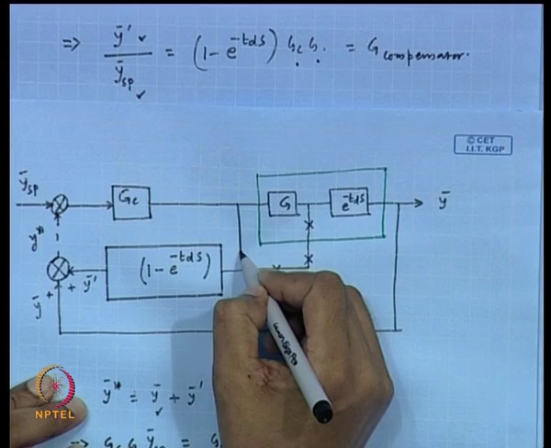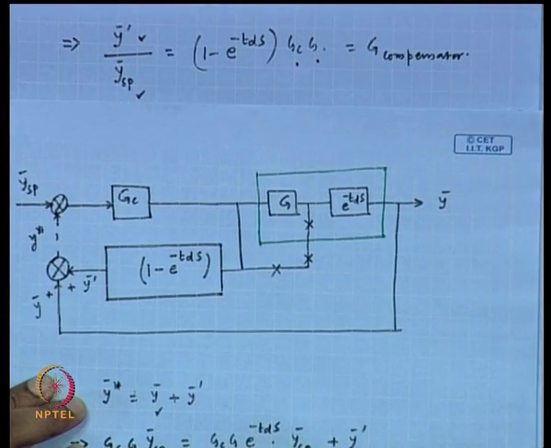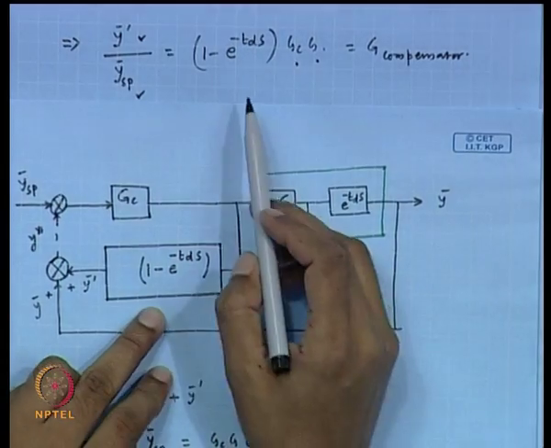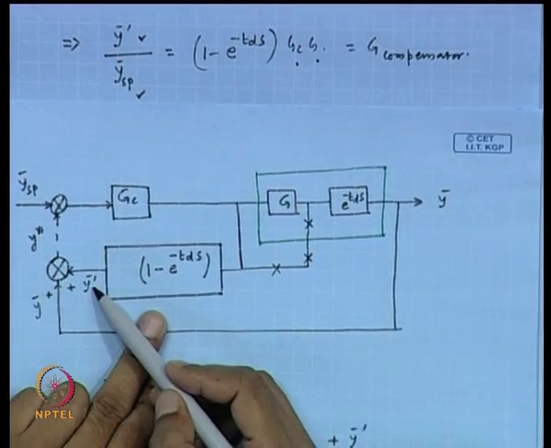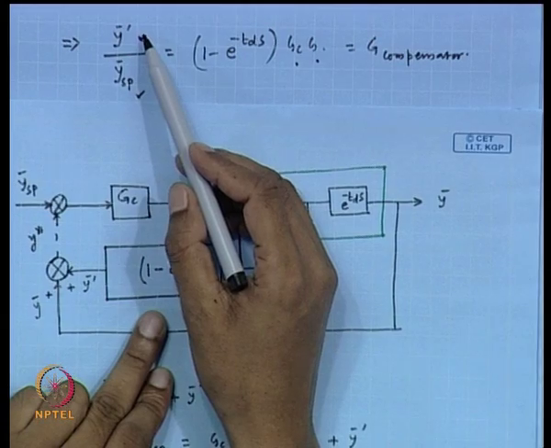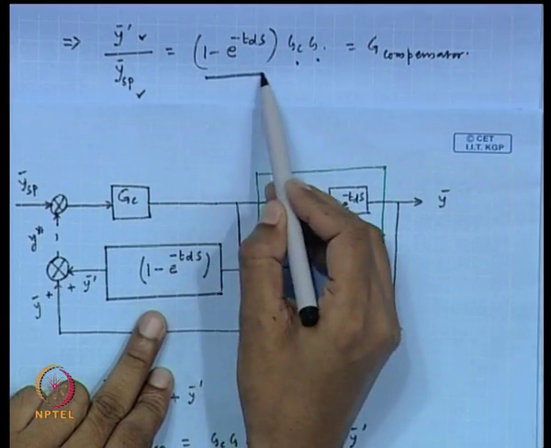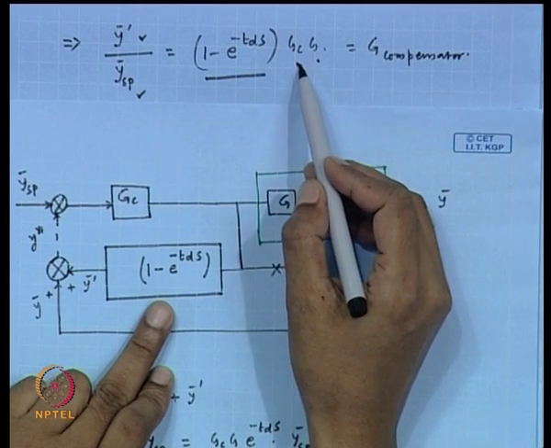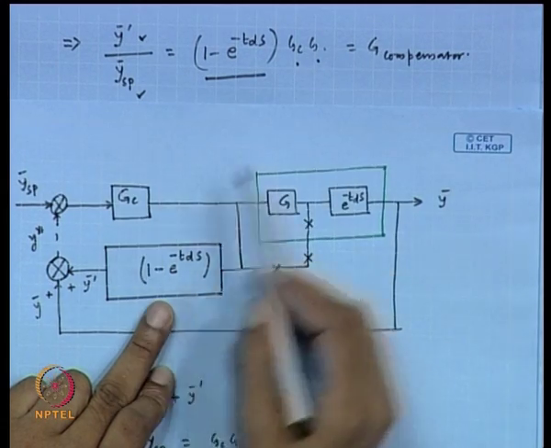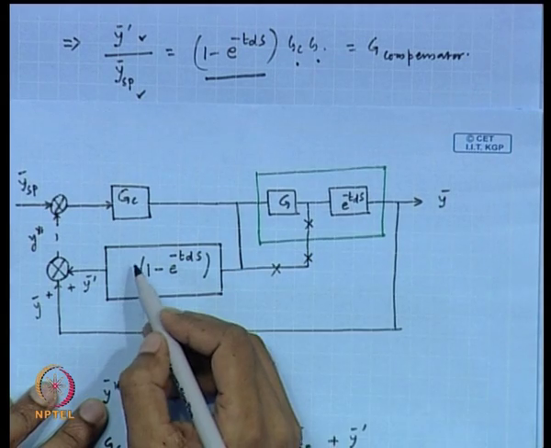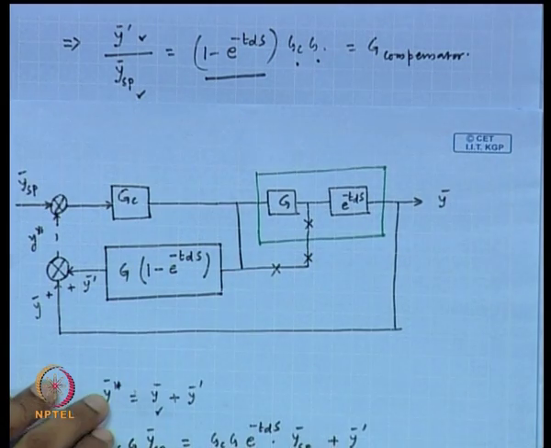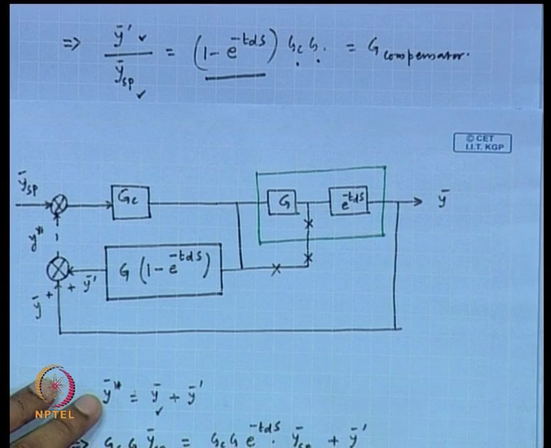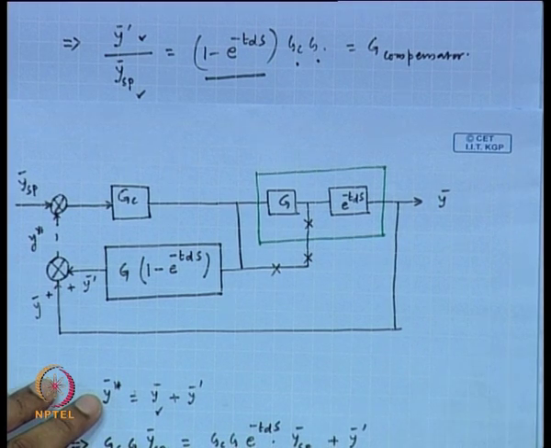We can connect like this. Then you see in the expression output is y prime, then this part which is written here multiplied by GC, this is GC, multiplied by G, we can write here G. Fine.